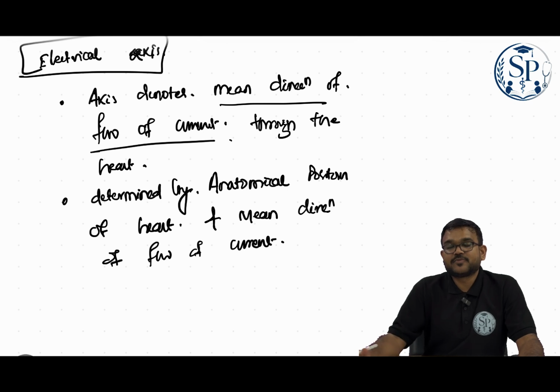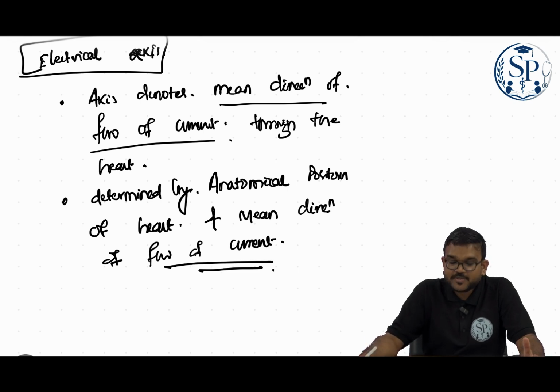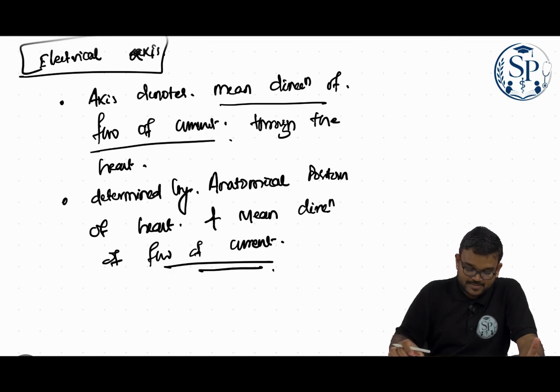So the axis is always measured by the anatomical position of the heart. Suppose the heart is deviated a little towards the right side or towards the left side, then the axis will change. Then the mean direction of the flow of the current will also determine the electrical axis.